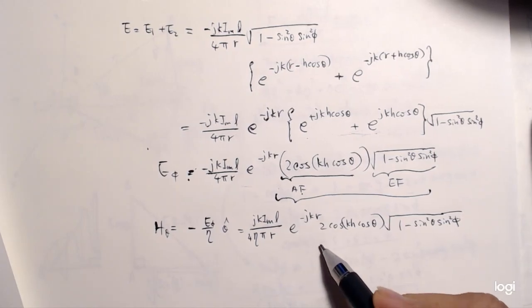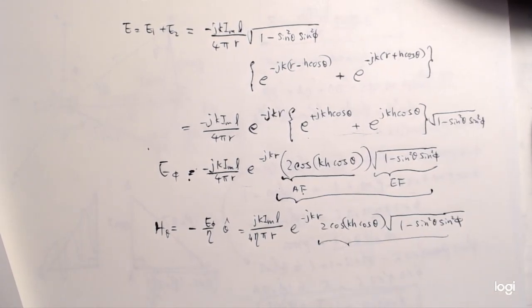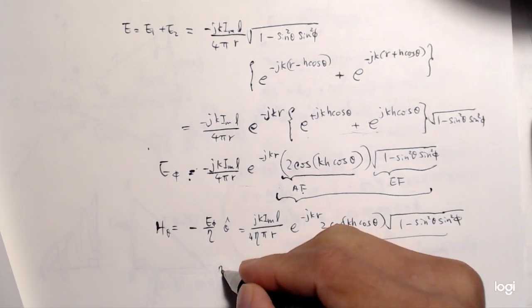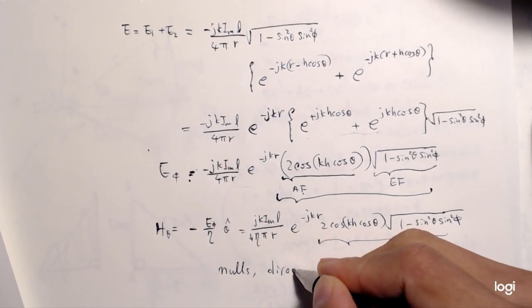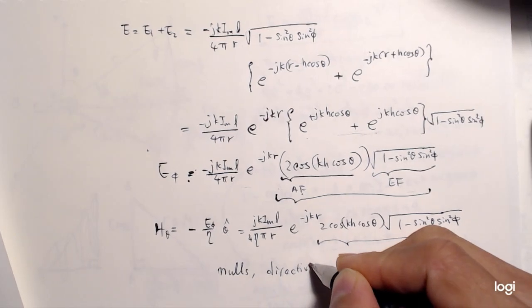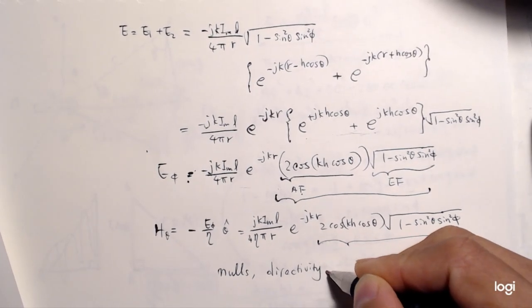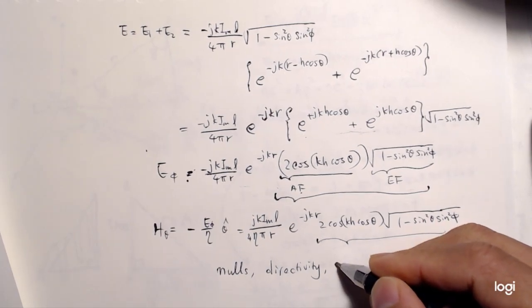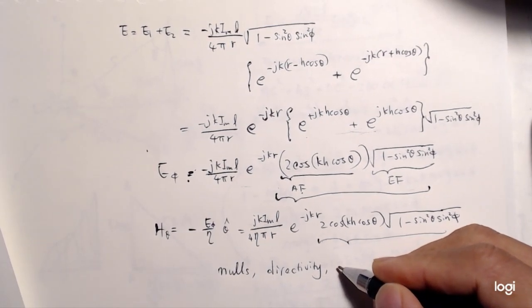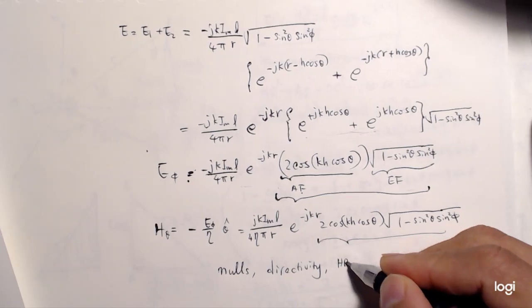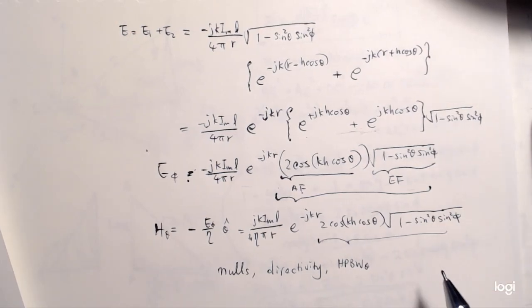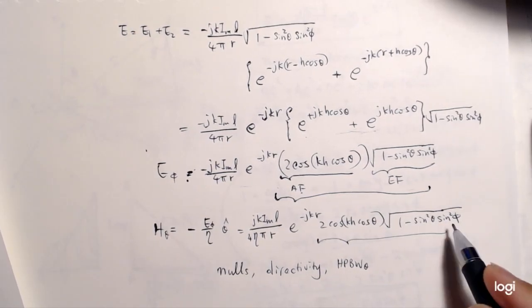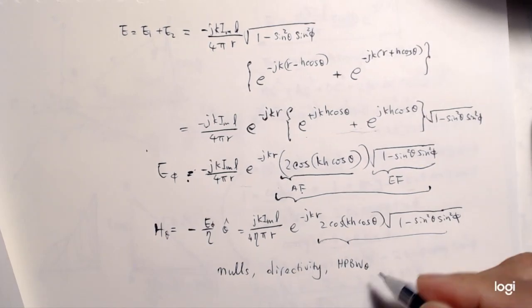This is the normalized value, and you can use this to work out the nulls, the directivity, and the half power beamwidth for theta. For theta, I don't think you can. Yeah, maybe you can get the value for phi as well.